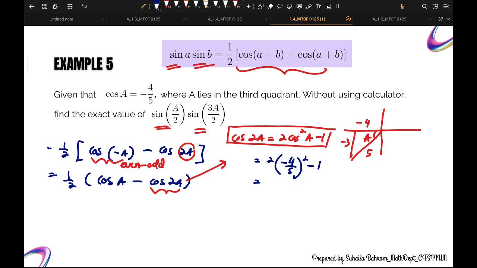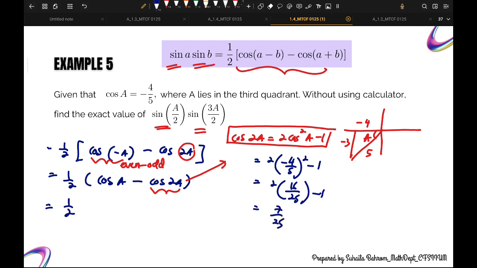Then you can get the value for cos 2A. So 2 times 16 over 25 minus 1, so 32 over 25 minus 1. The answer is 7 over 25.